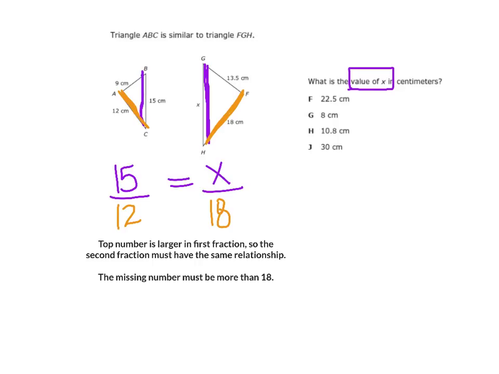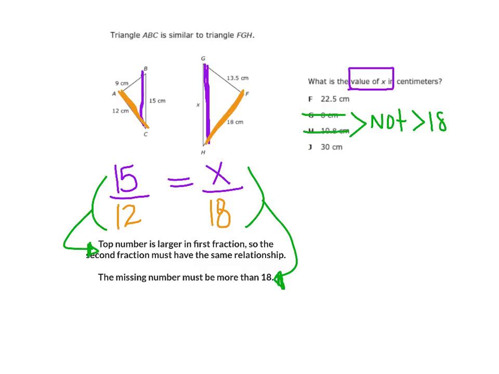So I'm going to draw some arrows down to that. 15 and 12, that top number is bigger. So when I come over to this side, I just got through saying that the missing number had to be bigger than 18. If you go over and look at your answer choices, you can cross out these two because these are not bigger than 18. Not greater than 18.